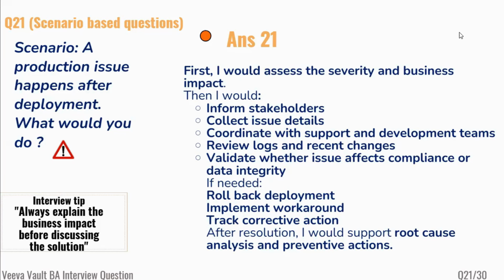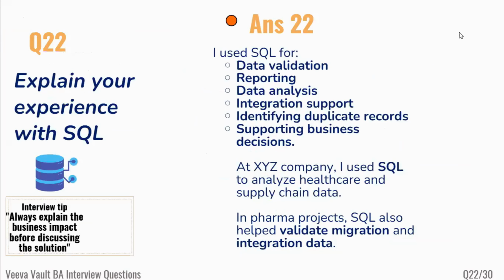If needed, after discussion with the business stakeholder, the technical team member, and quality, you have to decide whether to roll back the deployment if the impact is major, and implement a workaround on a case-by-case basis, and track the corrective action after resolution. After resolution, you also have to support the root cause analysis and preventive action. So these are the action items for you as a business analyst.